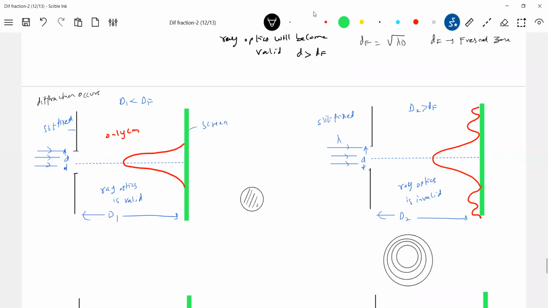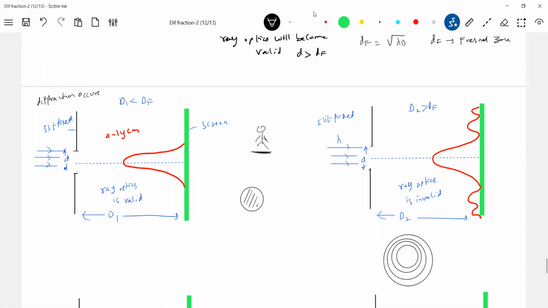Or say you are looking at some person and you take a photograph. In the mobile we have a screen, and the camera lens is this slit. The reflected light enters and forms an image. If the distance between slit and screen is less than the Fresnel distance, the image will be clear.